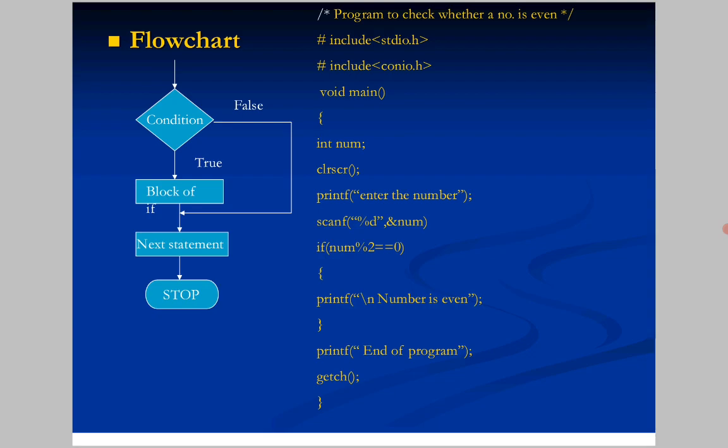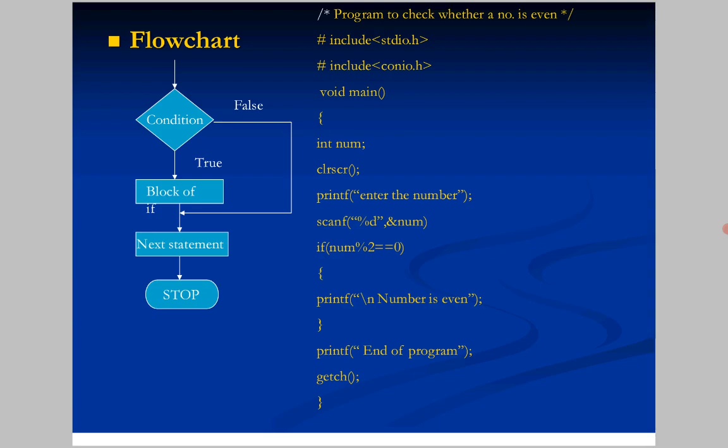Printf is the standard output function and scanf is the standard input function. Scanf is simply used to accept a number from the user, and printf is simply used to display some message.